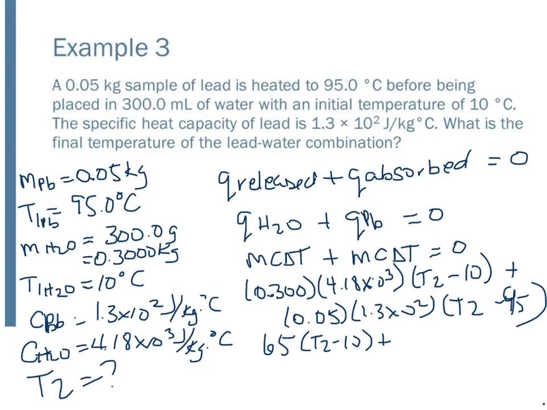Sorry, just let me delete this. 0.3 times 4.18 times 10 to the power of 3 is 1,254. Sorry about that. And then 0.05 times 1.3, that's our 65.